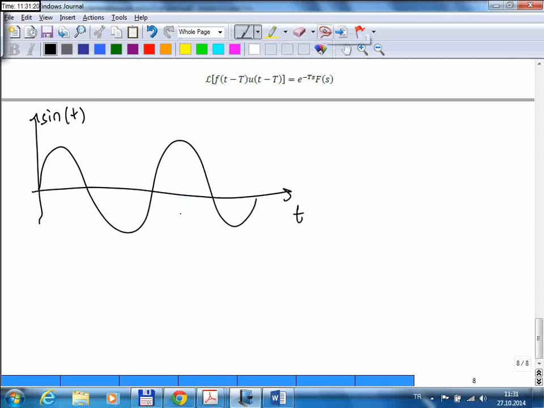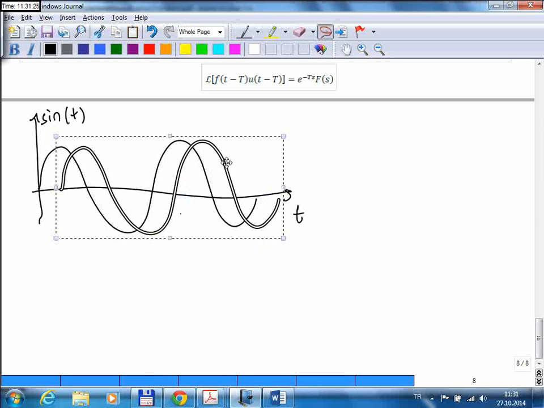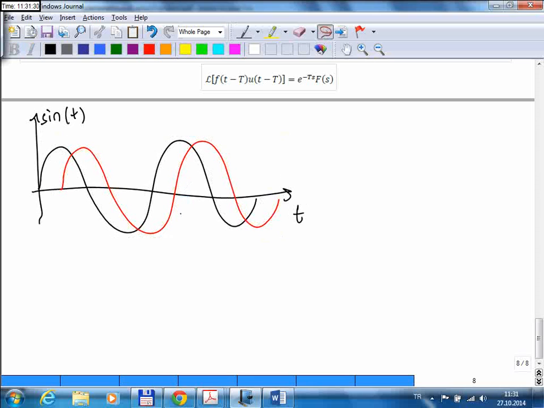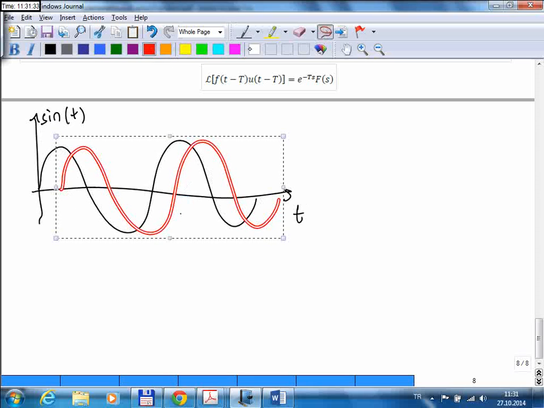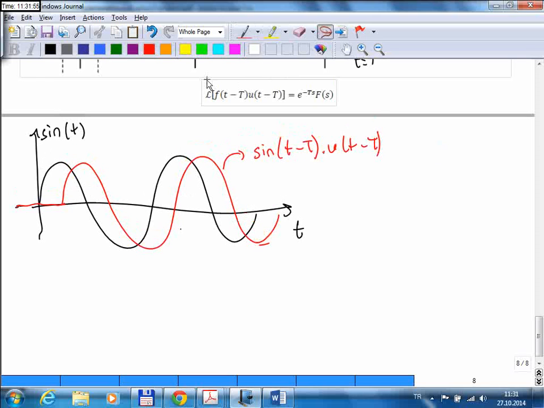If you take this function and shift it by any amount, let's say this is the shifted one, then the transformation of this shifted function can be obtained using this property right here.